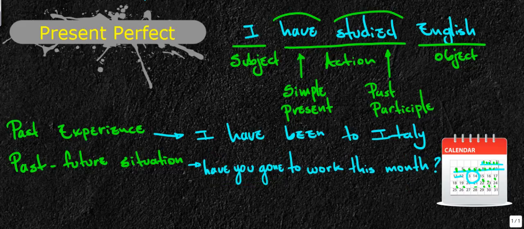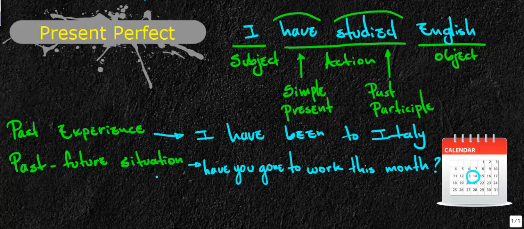Now, with this new question, I am talking about the activities of the past, but I am also opening the situation for the future. Have you gone to work this month includes all of this time of the past and all of this time of the future. All right? Okay. So you see, we can use present perfect to talk about past experience and past future situation.